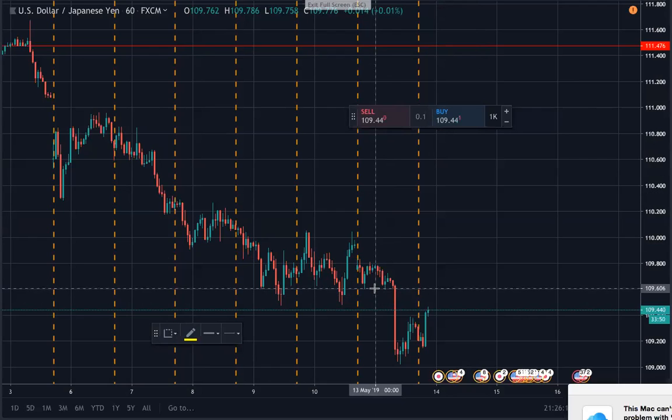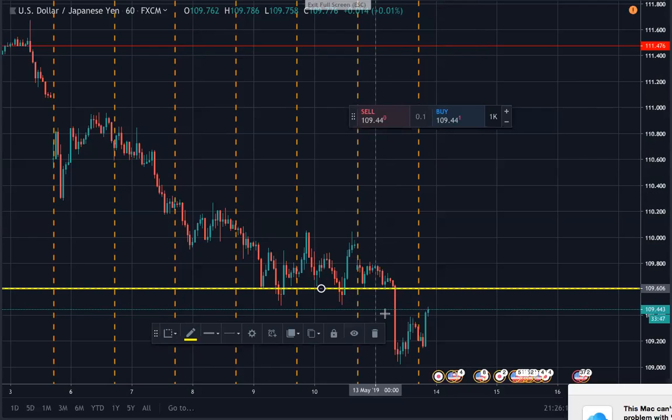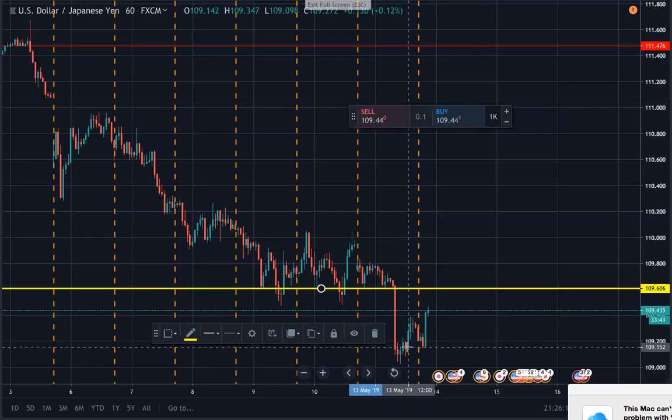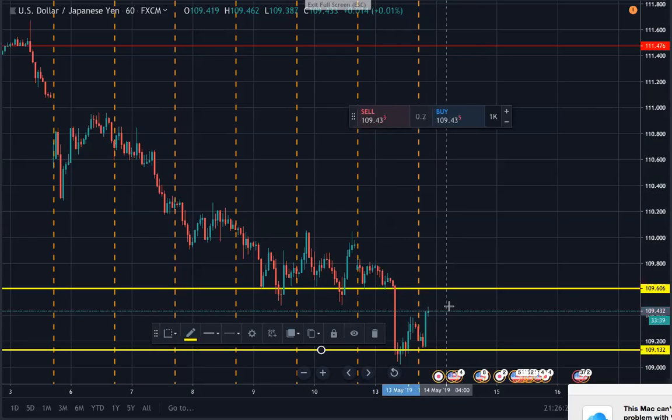Resistance meaning the ceiling. I like to call it the ceiling and the floor. Usually where price rejects, there's a ceiling or a floor, which means that's where price rejected last, and it probably will reject there again.